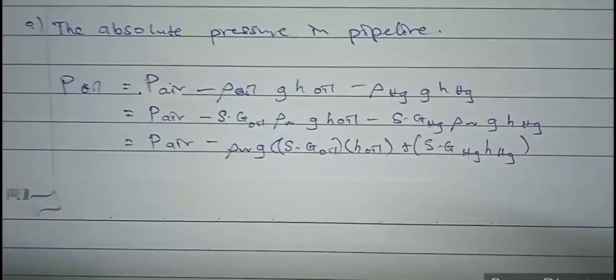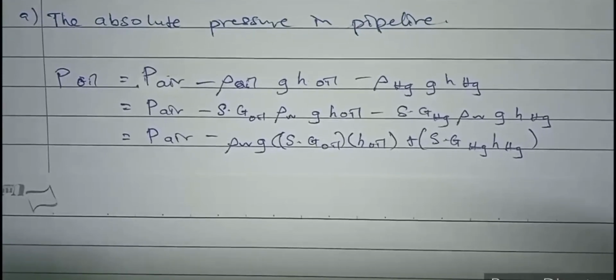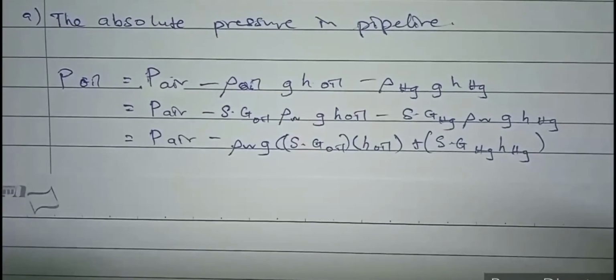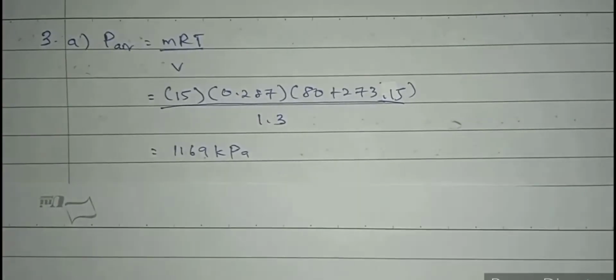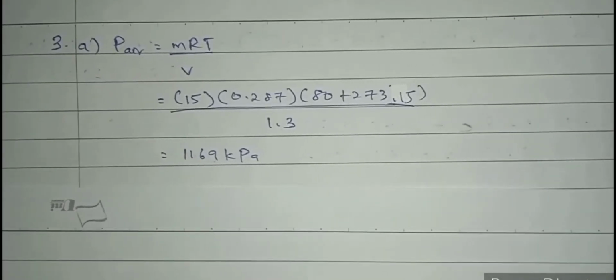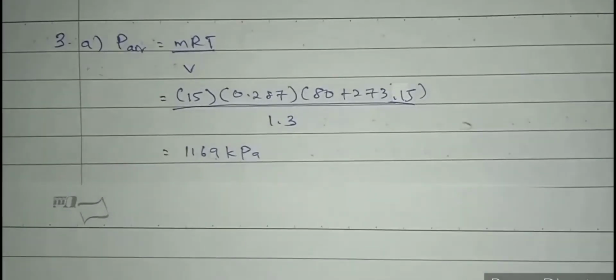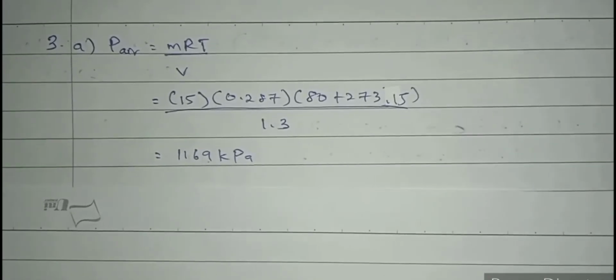Okay, so from the equation we know all the values except P air, so we must find the pressure of air. We can determine the absolute pressure in the air tank from the ideal gas relation, PV equals mRT, and then we put the V on the right side and it will be like this.